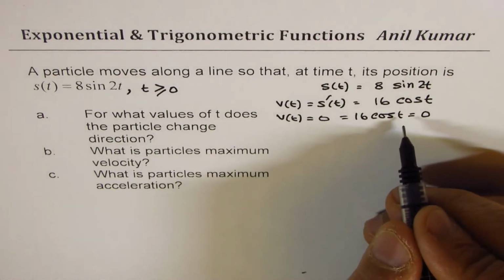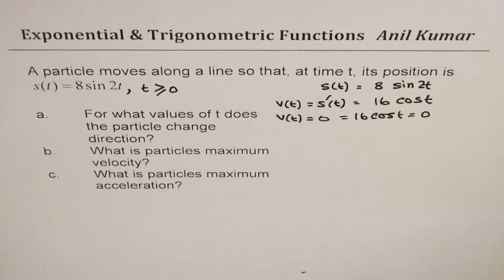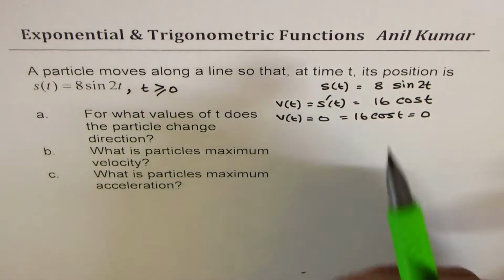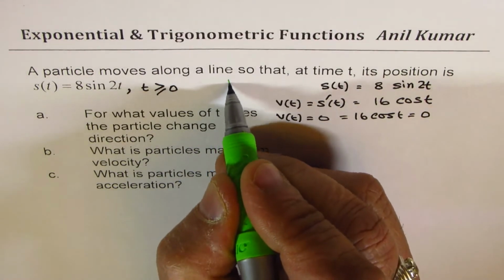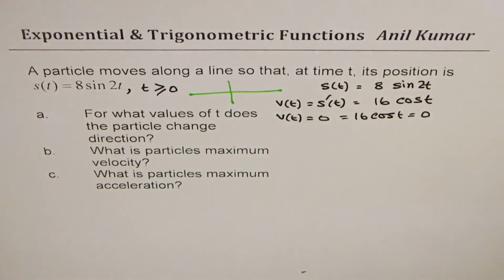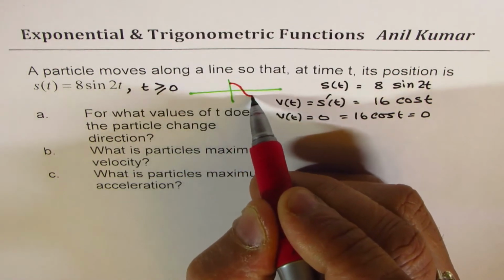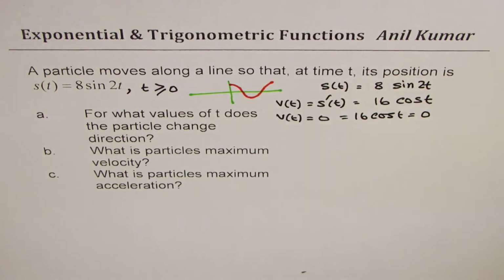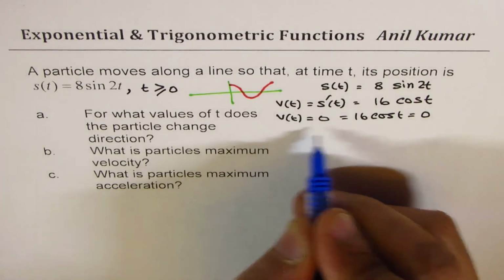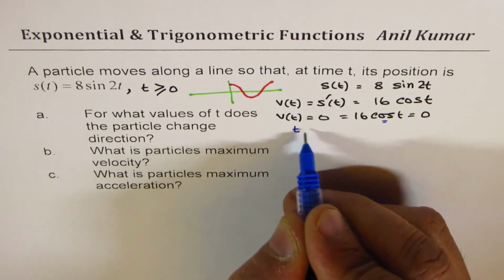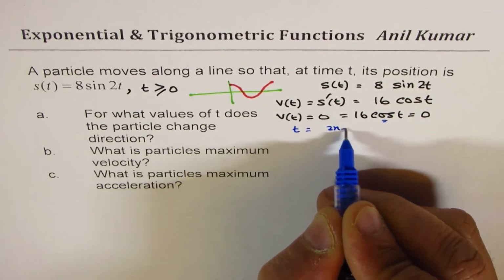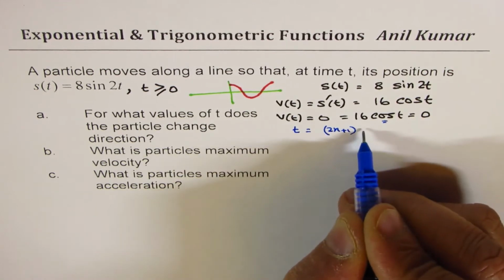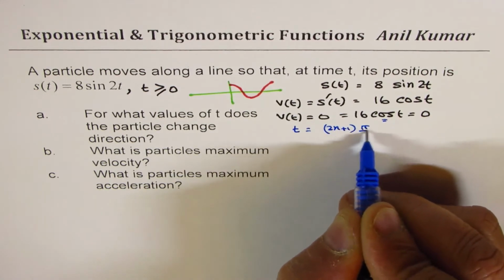Now cos is 0 at which points? So what you can do is you can just sketch the cosine function here. That is kind of better. So cos is 0 at pi by 2 and 3 pi by 2, for example. So in general, we say in this case t is equal to (2n plus 1) pi by 2, right?